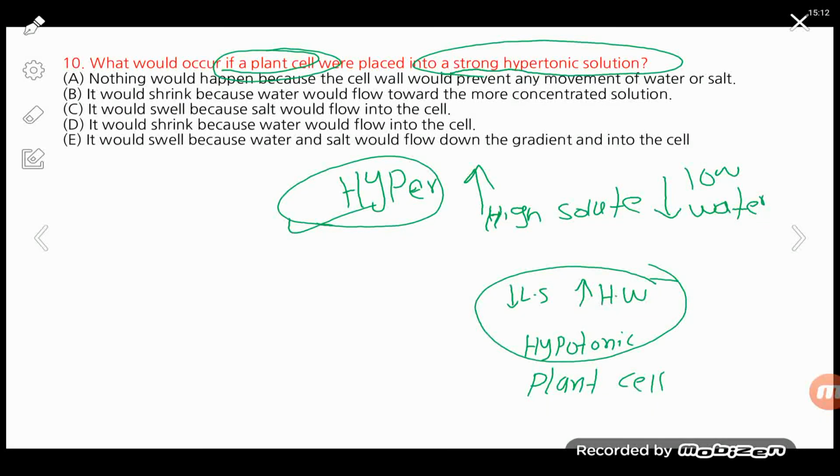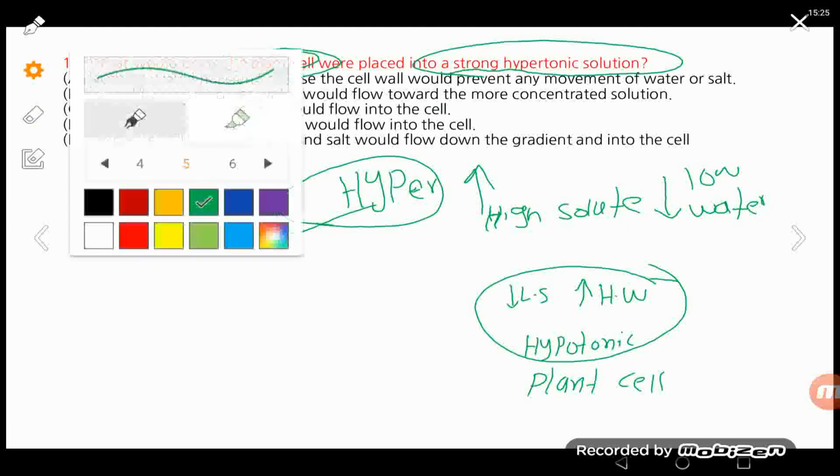And if you come to the definition of osmosis, let me write the definition of it so you can understand.